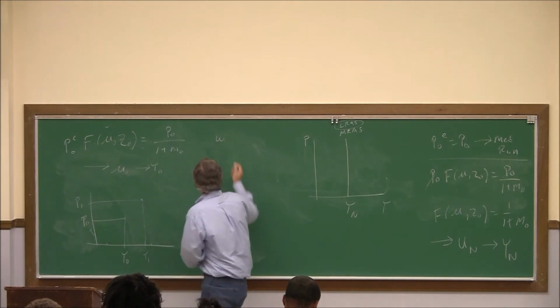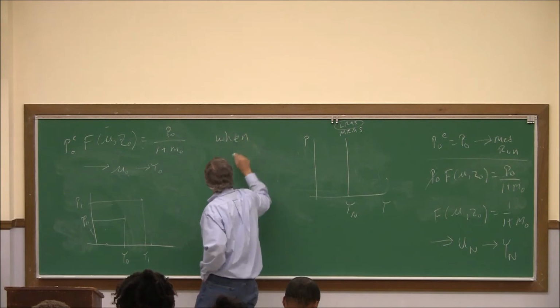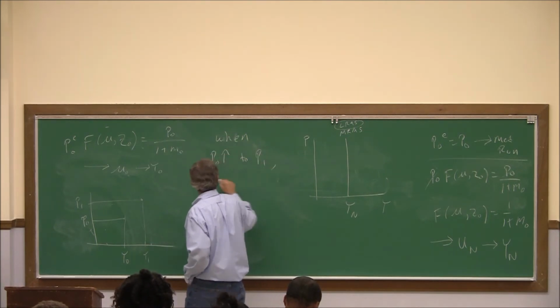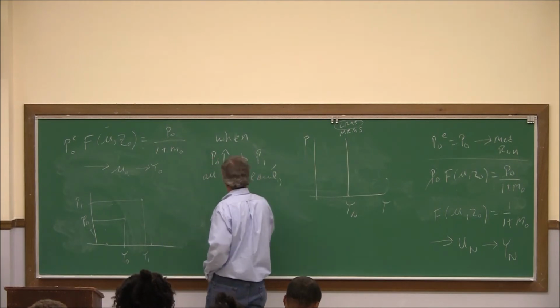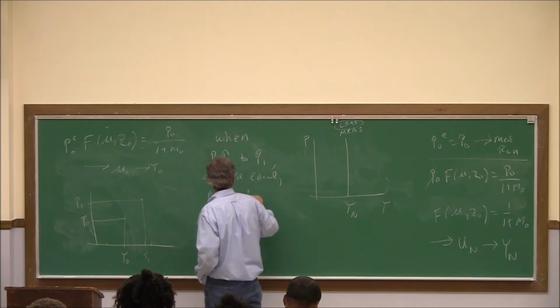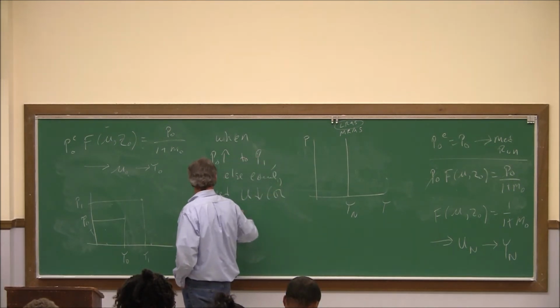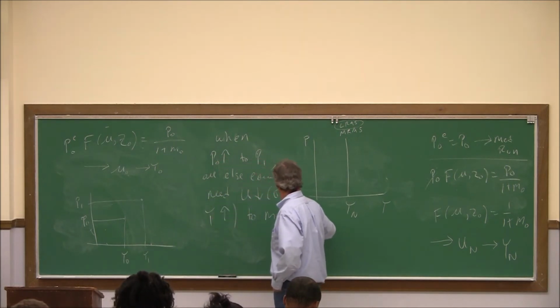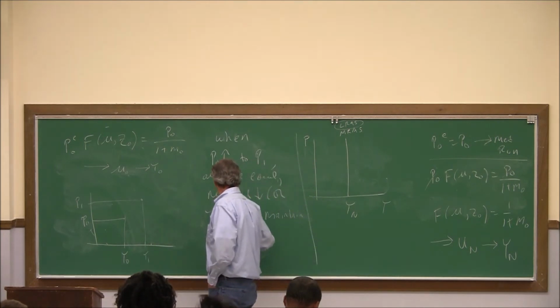So when P0 goes up to P1, all else equal, we need the unemployment rate to go down or output to go up to maintain equality.